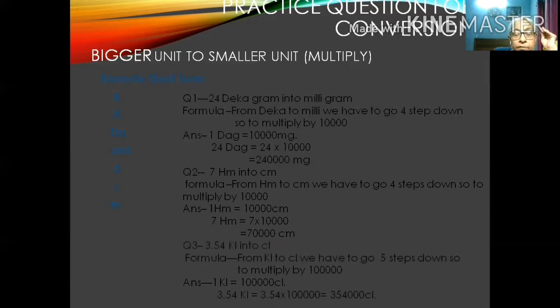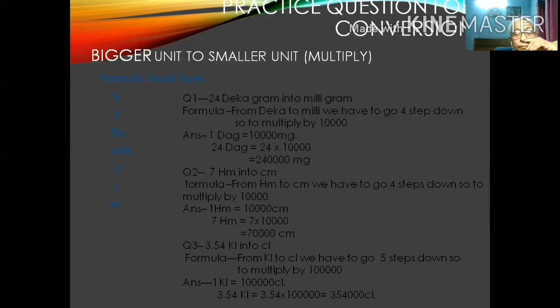Let us take another example with the capacity of the liter, that is 3.54 kiloliter into centiliter. So let us see how many steps we are going down from kilo to centi. Kilo to hecto, 1, 2, 3, 4, 5.